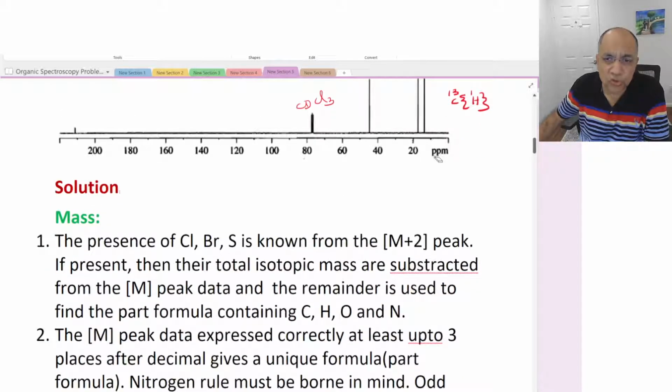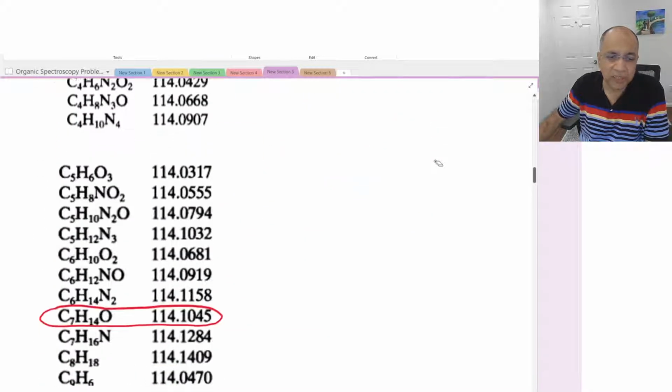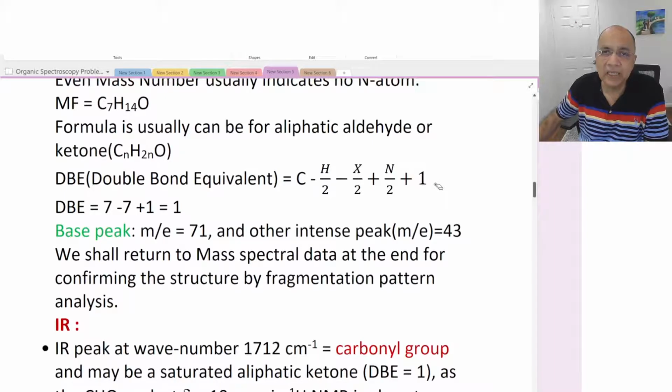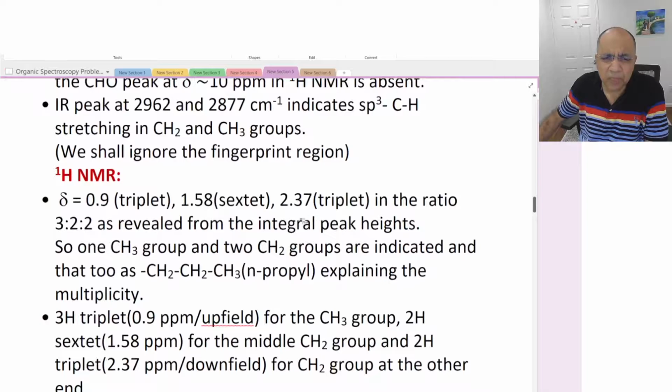So we are almost sure that the compound is di-N-propyl ketone. We have written all these things in proton NMR: delta 0.9, 1.58, 2.37 in the ratio 3:2:2, revealed from the integral peak heights.